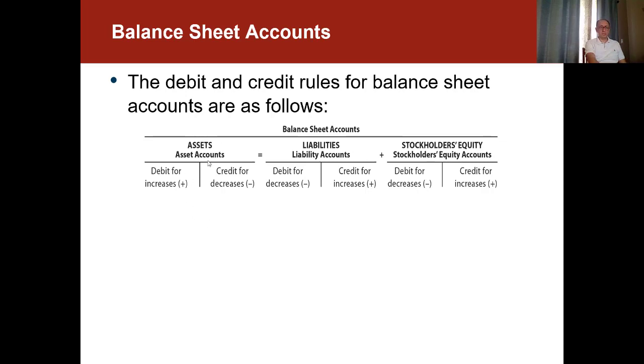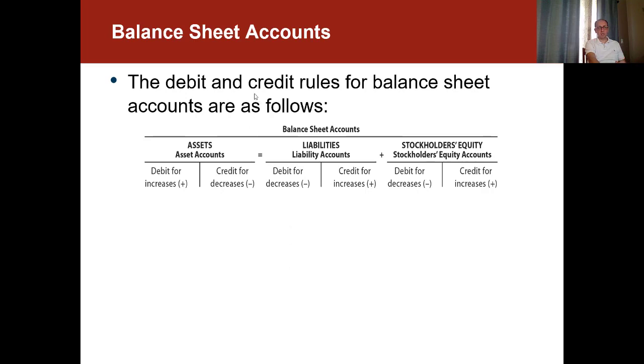So for assets, we use that in our presentation of the T account, and here we have a small T account that you can see. The debit side is the side where we record any kind of increase. And the credit side is the side where we record any kind of decrease. Okay? And why is that?